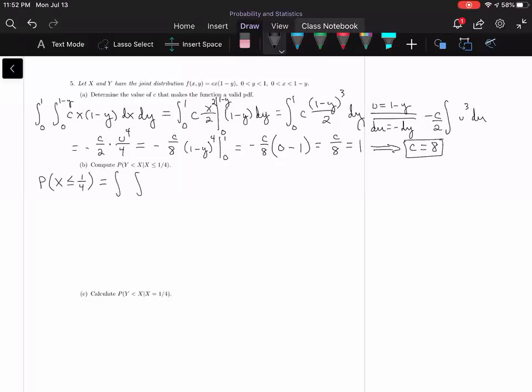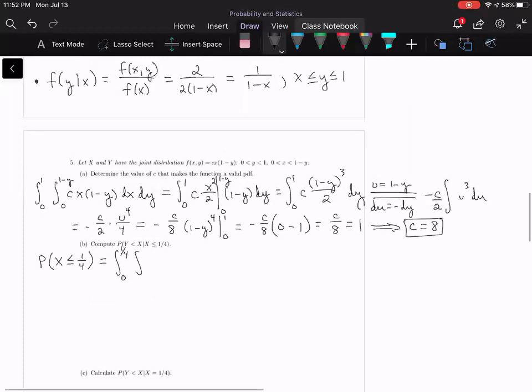So I know x is going to go from 0 to 1/4, and y I'm going to manipulate here, and I'm going to play with these bounds. And I see that 0 is less than x is less than 1 minus y.